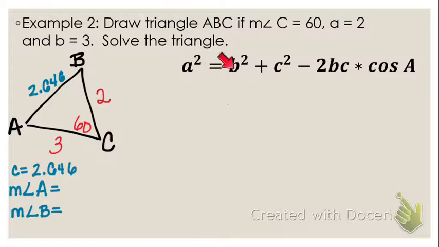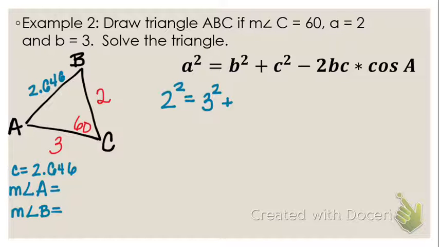So we're just going to type in or write in everything we know. We know everything except capital A. That's what we're trying to find right now. So let's type in what we know. Little a is 2. Little b is 3.